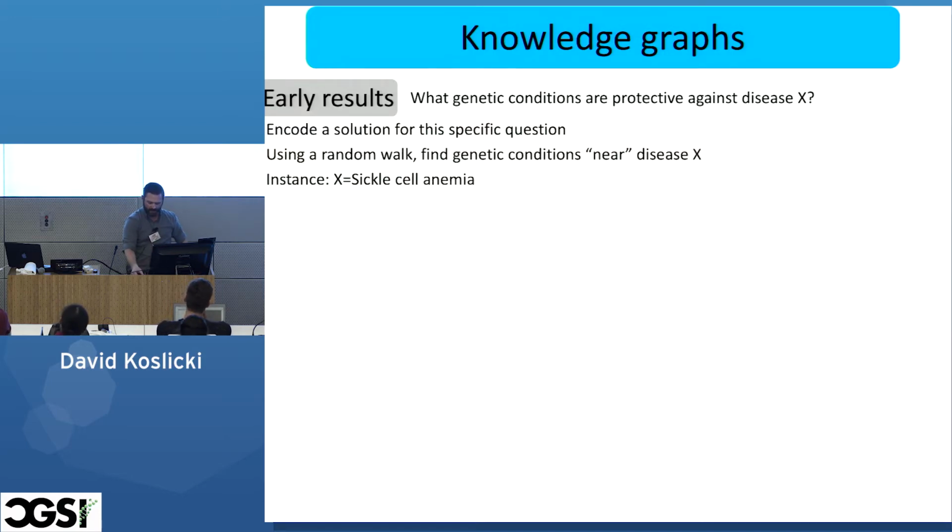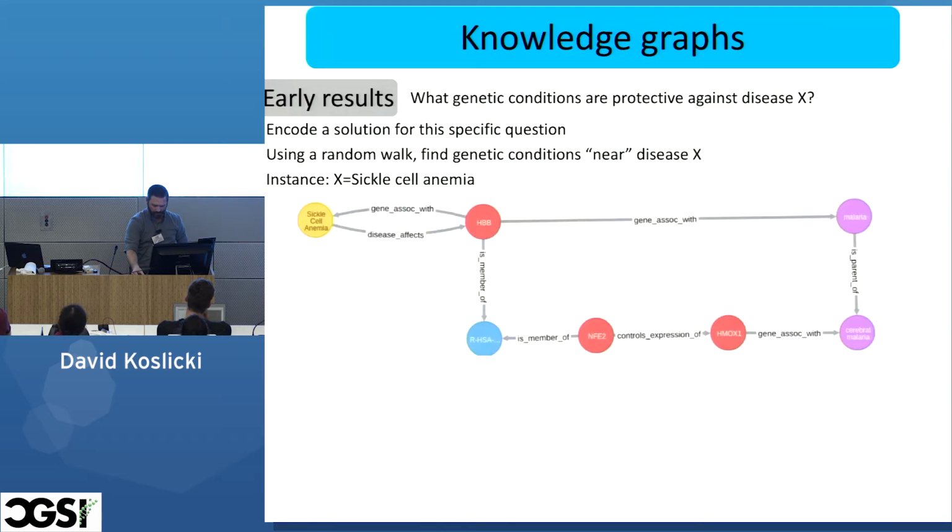Oh, I think I actually have this backwards. Sickle cell anemia, malaria. Yeah, I have this backwards. But in any case, sickle cell anemia is protective against malaria. I had the X and the Y switched. But in any case, if you do a random walk against one of these diseases, in this particular case, that instance should be malaria. It turns out that sickle cell anemia is protective against it.